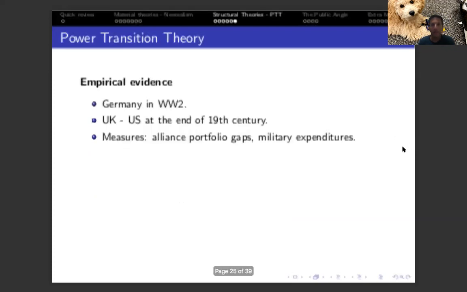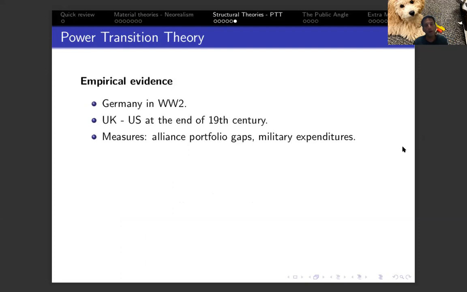So, some empirical evidence for the power transition theory. One example that was given in the past is the way that Germany behaved coming into the Second World War, and the Second World War itself. Germany was an unsuccessful challenger because it eventually lost the war, but the conditions that led Germany to initiate the war fit with the power transition theory.